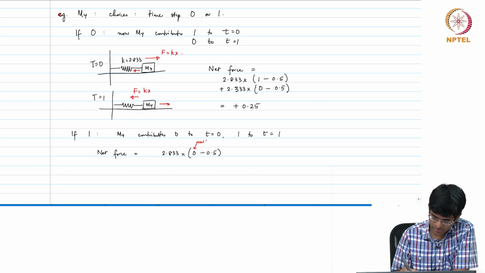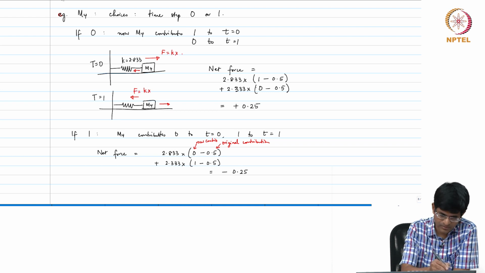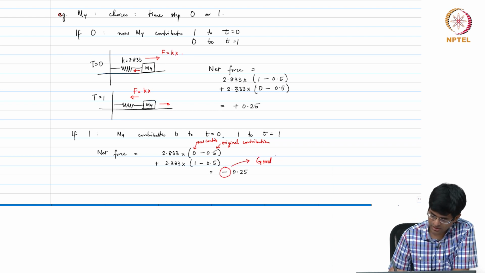This is a new contribution and this was the original contribution, plus 2.333 into 1 minus 0.5. When we add both of these up, the result is going to be minus 0.25, and this minus is good.